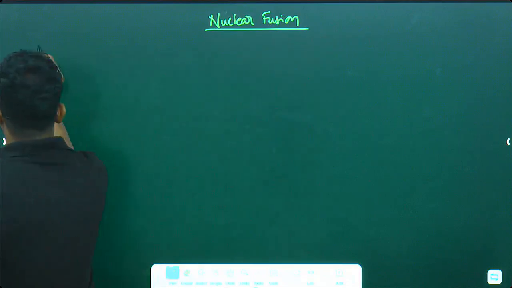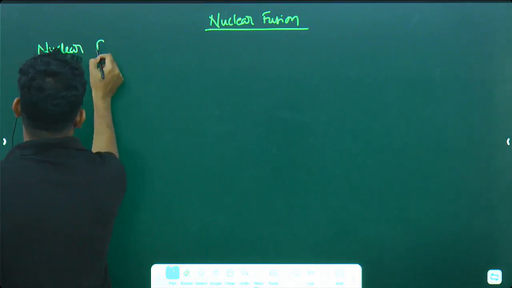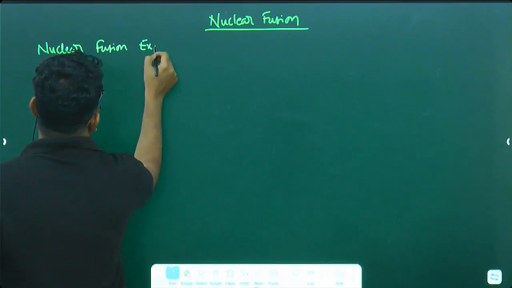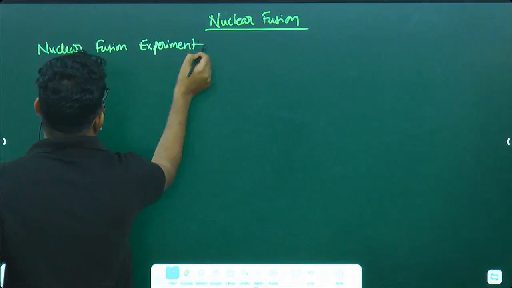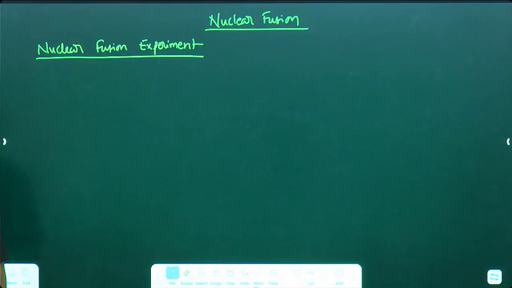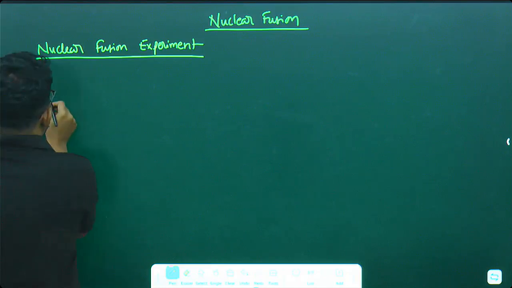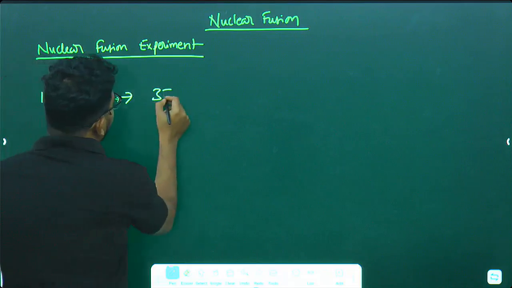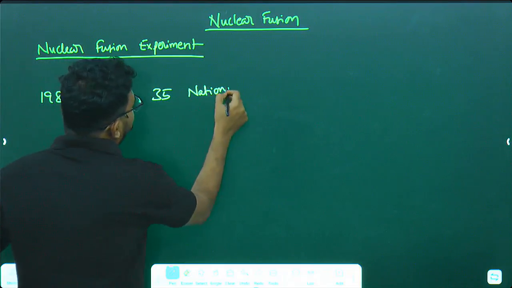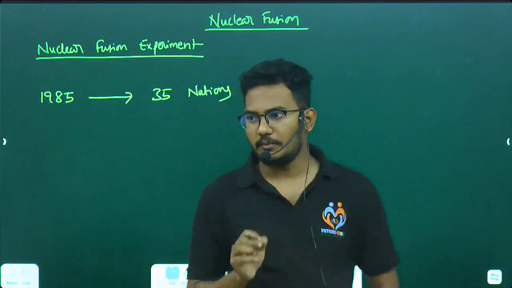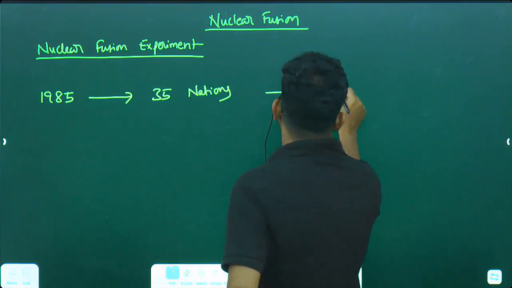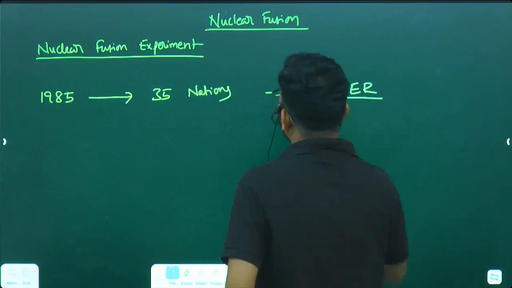Now keep a heading as nuclear fusion experiment. Okay, so what happened is in 1985, 35 nations, which means countries, came together to form a reactor which is the ITER reactor.